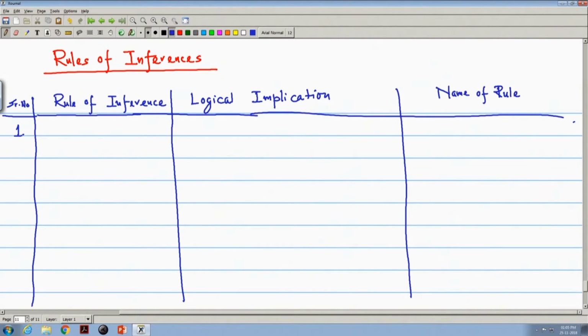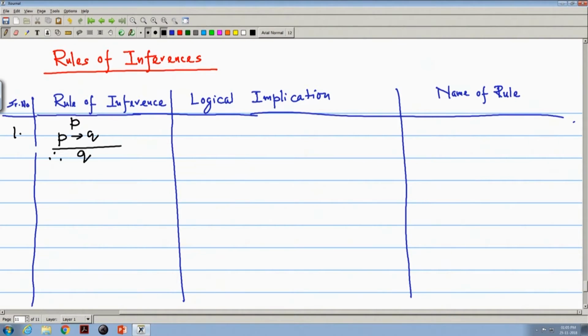The first one we have seen: P and P implies Q. This is the convention of writing that, therefore, the result is Q. And what is the logical implication?